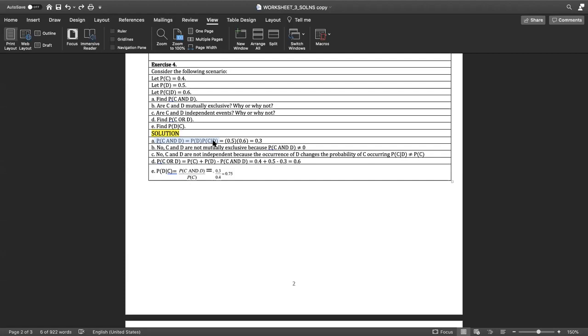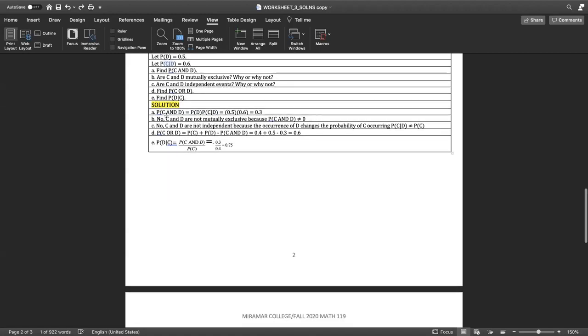But these two events are not independent, are they? Because we're told that the probability of C given D is 0.6. Given the fact that we've seen D, that changes the probability of C to 0.6. If we don't condition on D, the probability of C is 0.4. So using this multiplication property, the probability of C and D is the probability of D times the probability of C given D. We have both of those factors, don't we?